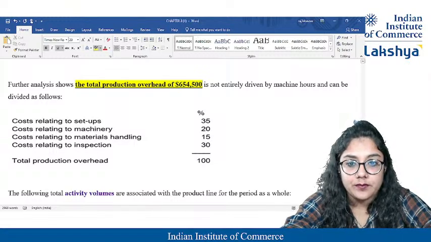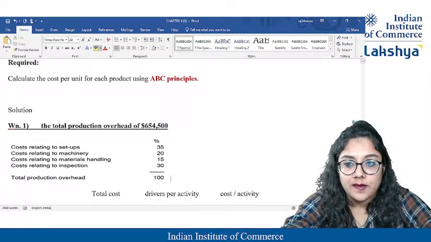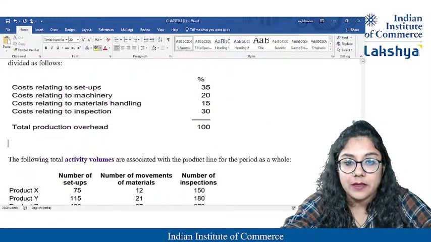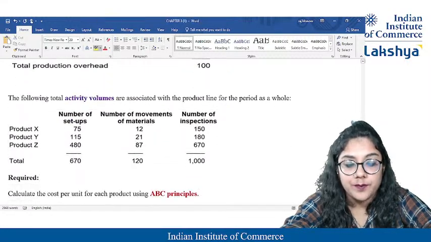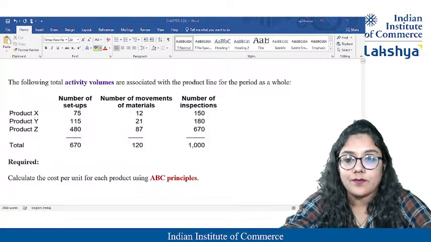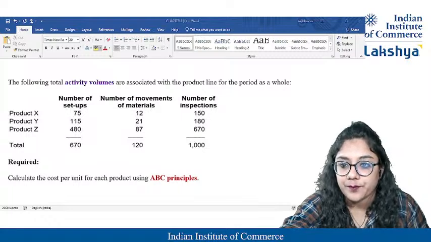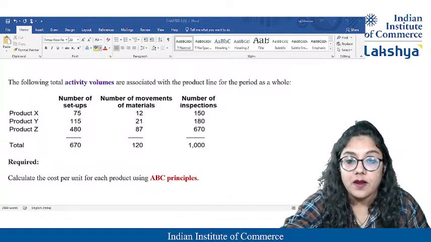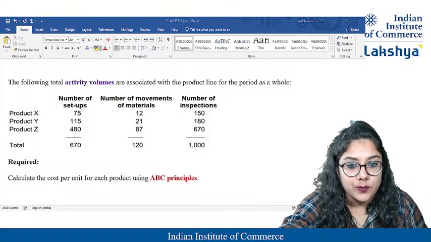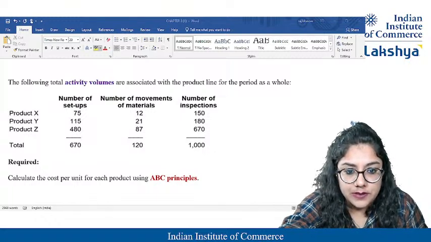Okay, and these are certain activities which they have given us in the question. Mhm. So students, I have made this question for us. Yeah, we'll do it.